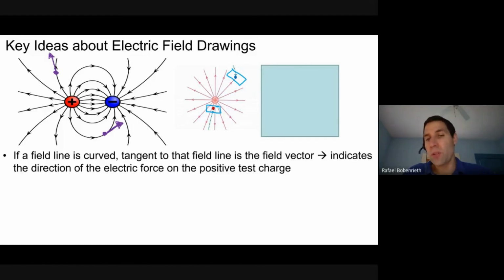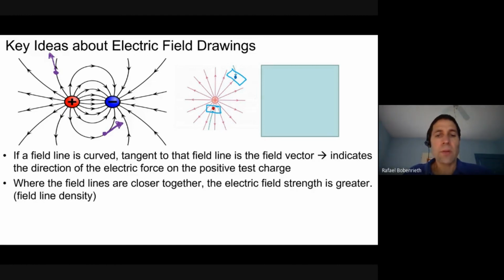So just based on those boxes that I drew and counting the lines and looking at the electric field line density, I can conclude that the electric field strength around the red dot is significantly higher than it is around the blue dot. So where the field lines are closer together, the electric field strength is greater. And that gets to this idea of field line density, number of field lines per unit area or unit volume.